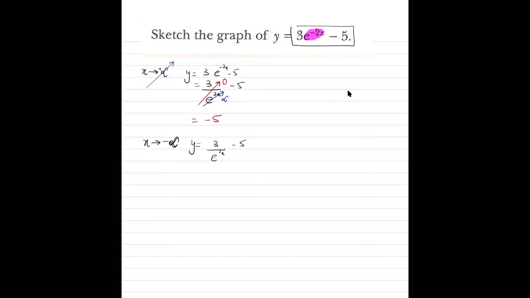Now notice that as I decrease the value of x to negative infinity, this number is going to get smaller and smaller. This number, e raised to the power of 2x, is going to approach 0. So what is any number divided by 0?